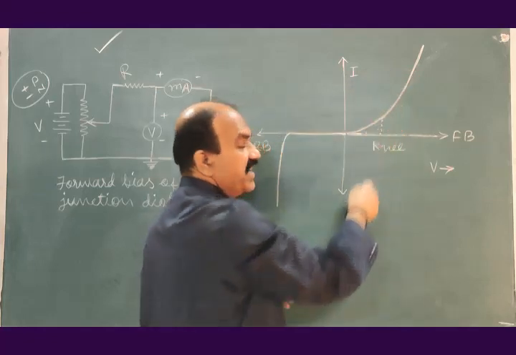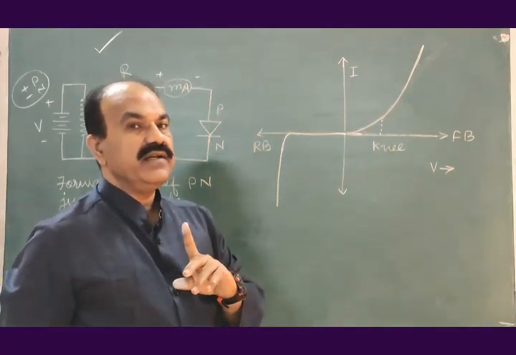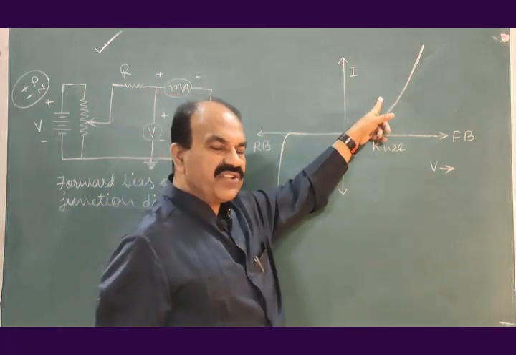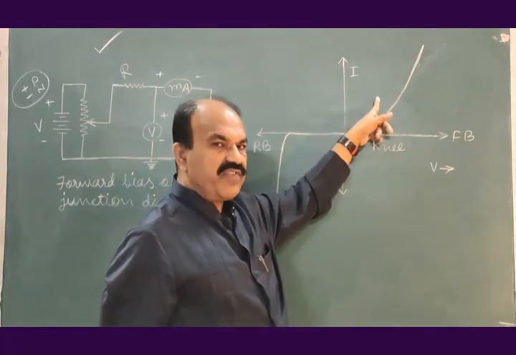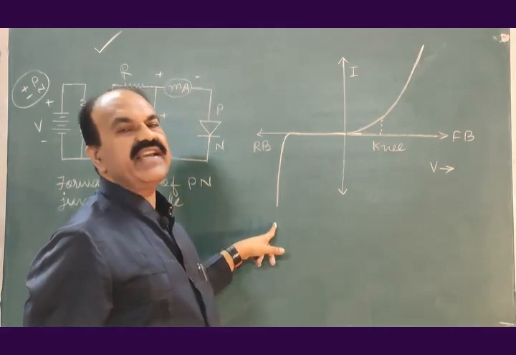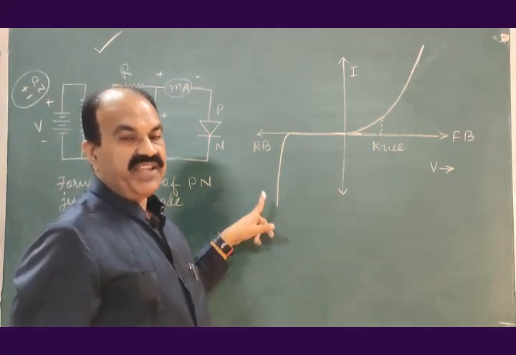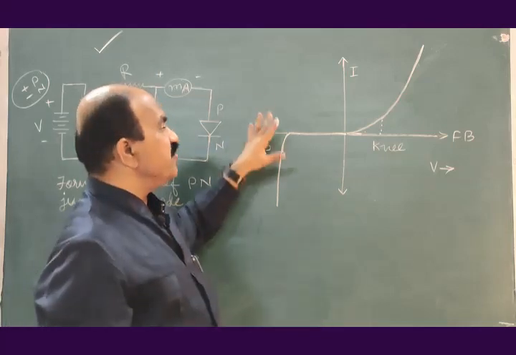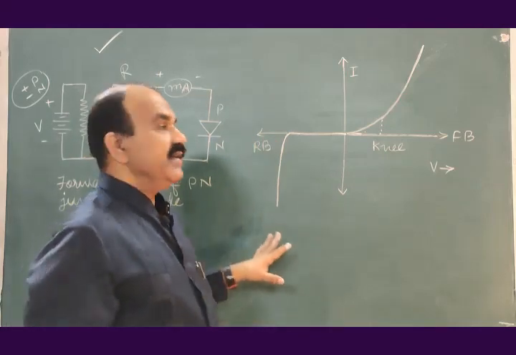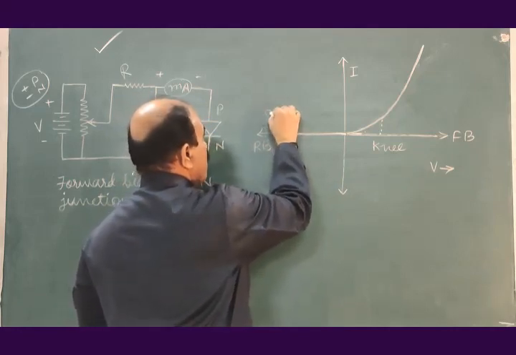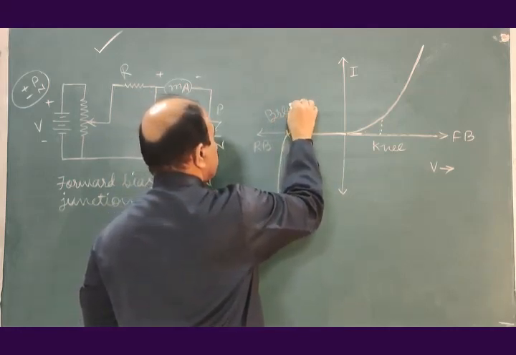These are the VI characteristics of the PN junction diode in forward bias. This is the VI characteristics of the PN junction diode in reverse bias. A PN junction diode is never used in reverse bias because this voltage is the breakdown voltage.